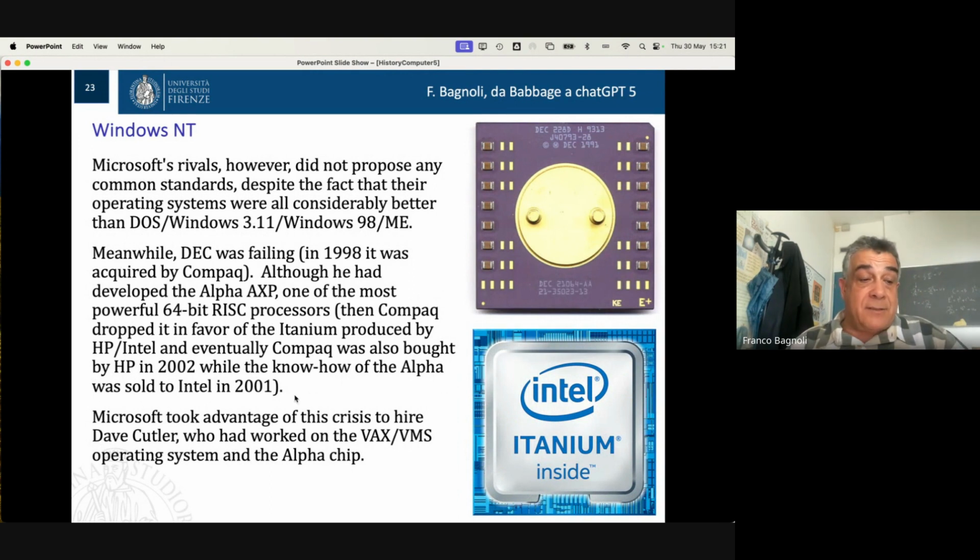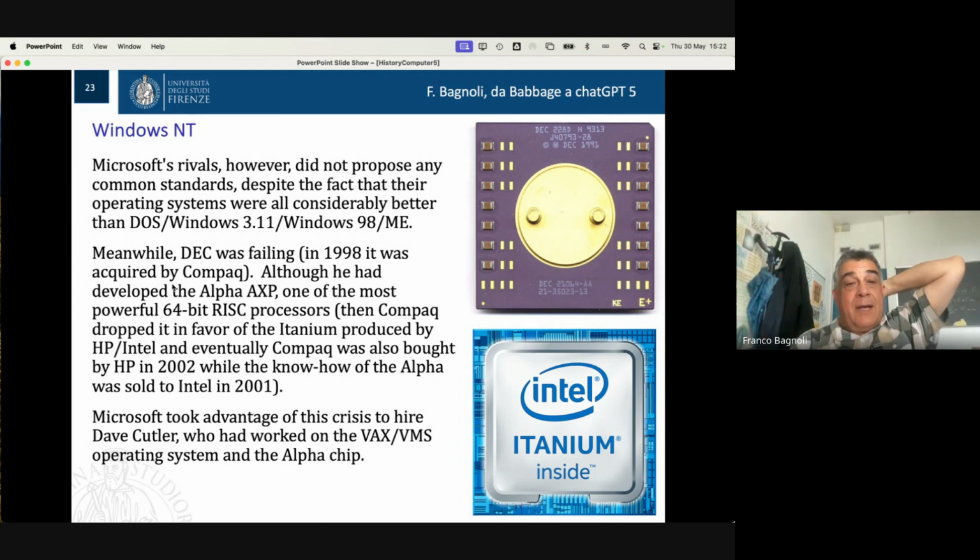In the meanwhile, Microsoft, which was quite successful, had a terrible problem, because the line that started from DOS, Windows 3, Windows 98, Windows ME, Millennium Edition, was a dead end because it was a very bad operating system from the beginning, not very different from what Apple also offered. Essentially a cooperative multitasking system in which a single application could crash the whole system.